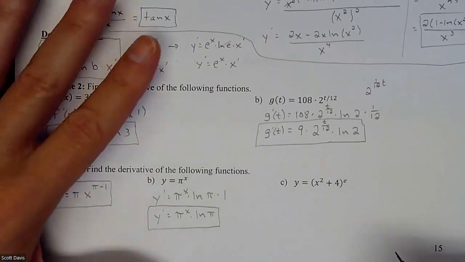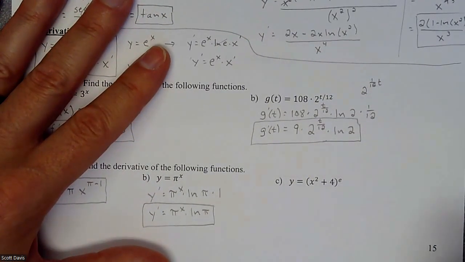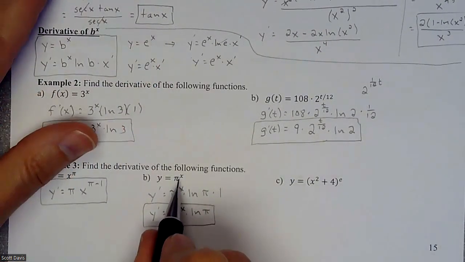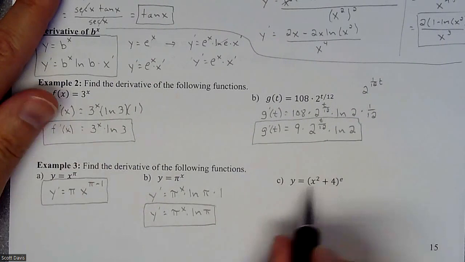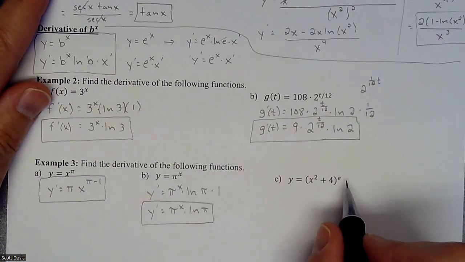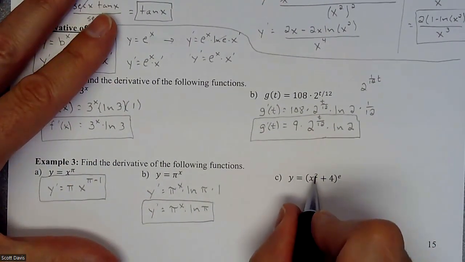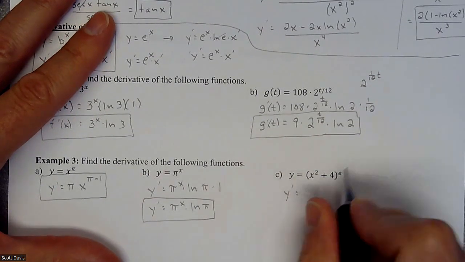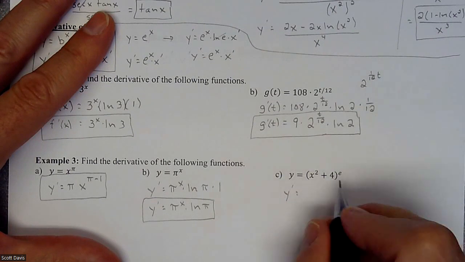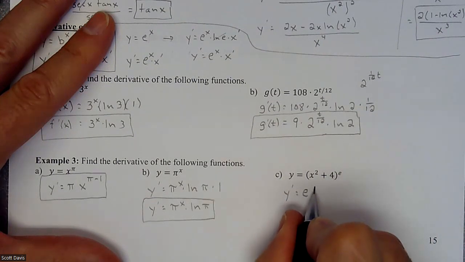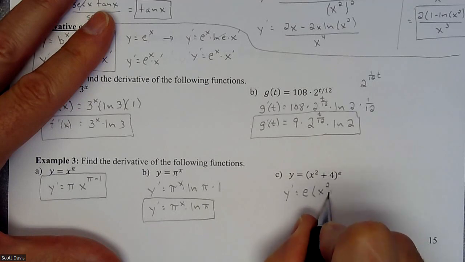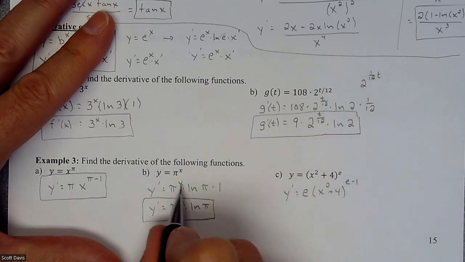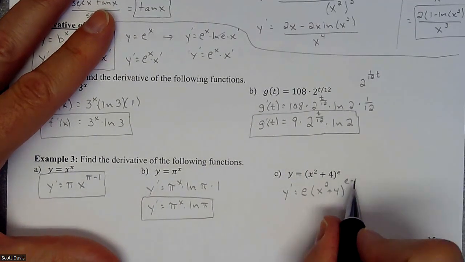And then the last one. We have a chain rule going on. It's not an exponential because e is not a variable. It's trying to look like an exponential, but it's really not. Your variable has a power to it, and that's not a variable. So we apply the chain rule. The derivative of the outside is bringing the power down, x squared plus 4, and subtracting a power. Just like pi, I can't really subtract 1 from e, so that's the best I can do.